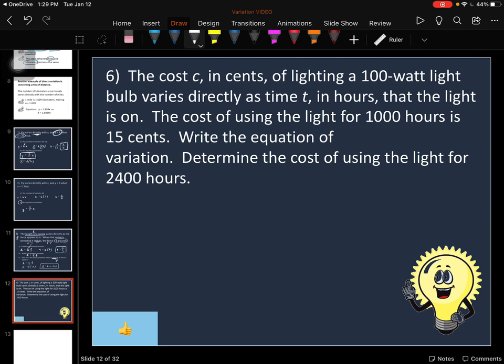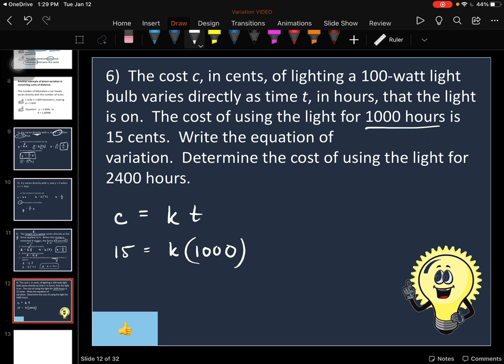So we're going to start with, we said the cost, we'll say that is C, in cents, varies directly with time. And we always have to put your constant of variation up front, your K. So now when we do this, we're going to look at the first numbers that they give us. They said the cost of using a light for 1,000 hours. So that's going to be my T. I keep the K here. Is 15 cents.